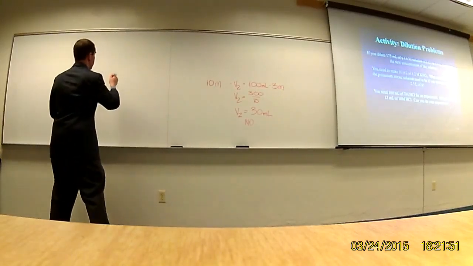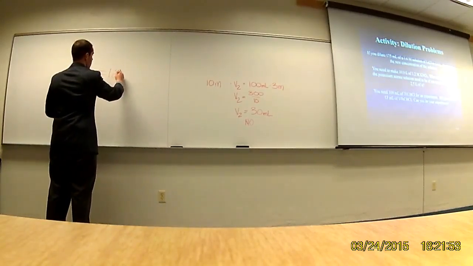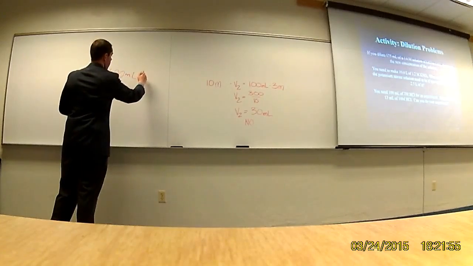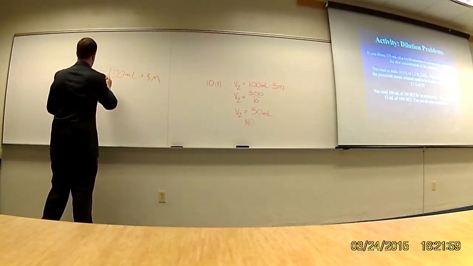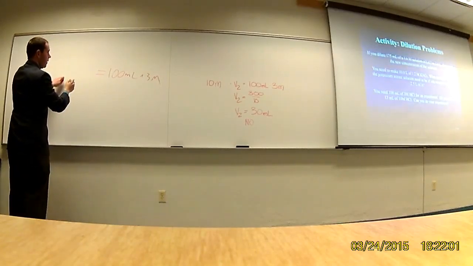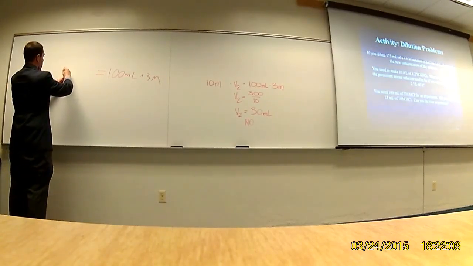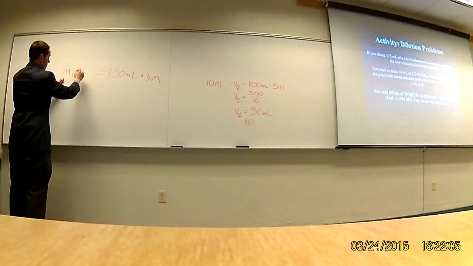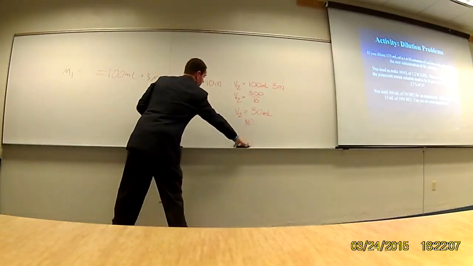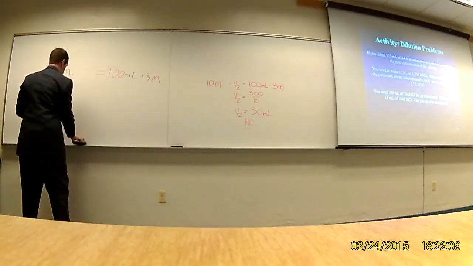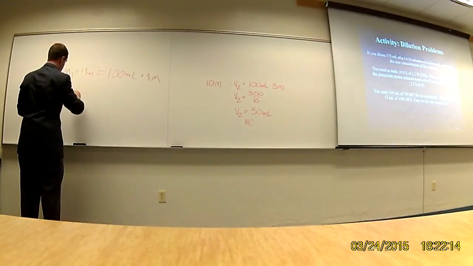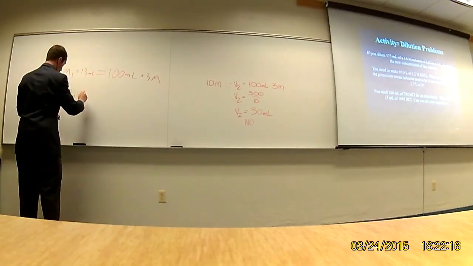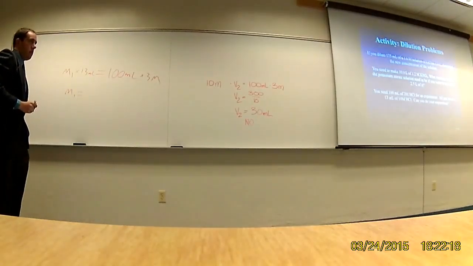So the right side of the equation is going to stay the same. 100 milliliters times 3 molar. On this side, we're going to have M1 times 13 milliliters.